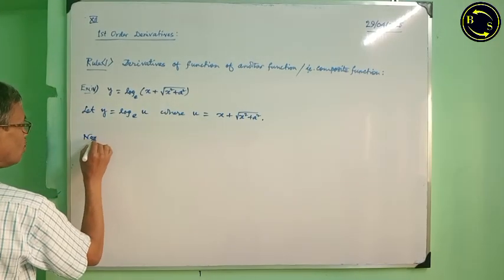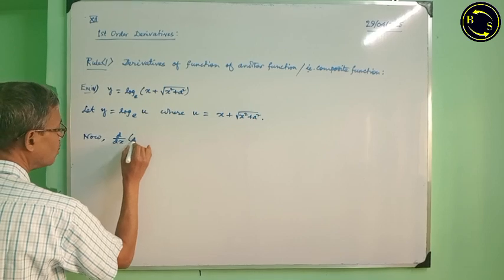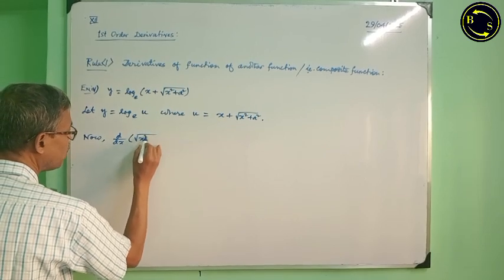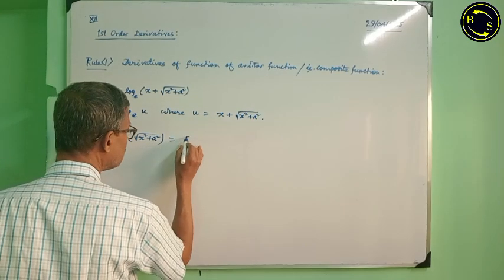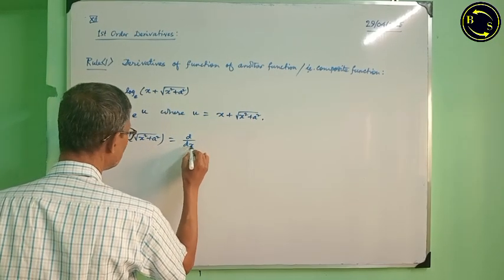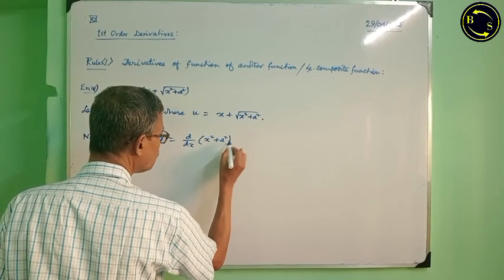Now d/dx of root over x square plus a square can be written as d/dx of x square plus a square to the power half.